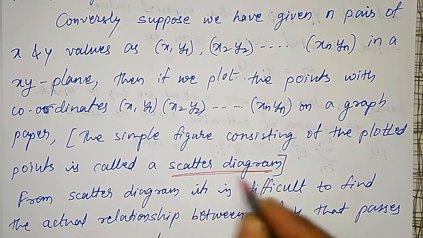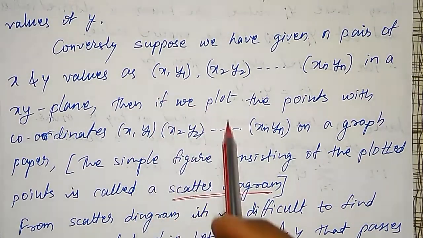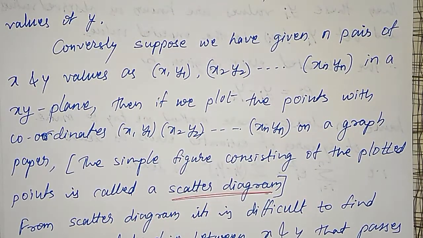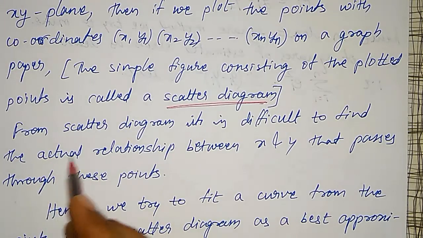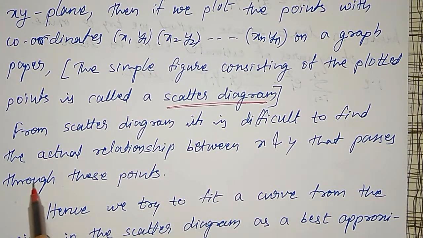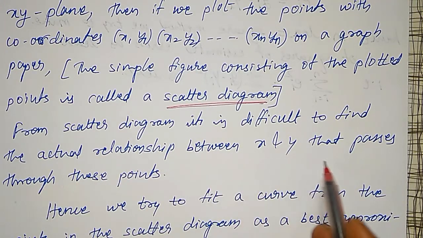From the scatter diagram or the set of values, it is difficult to find the actual relationship between x and y in the mathematical expression y equal to f of x.